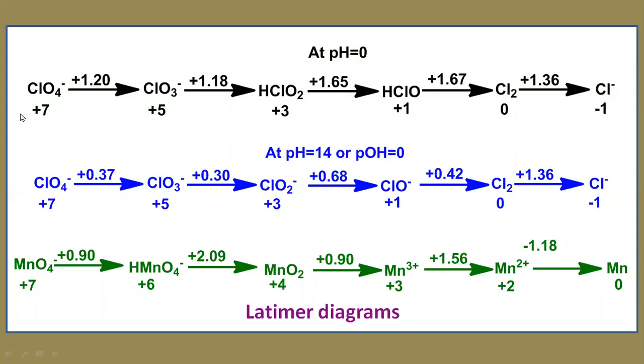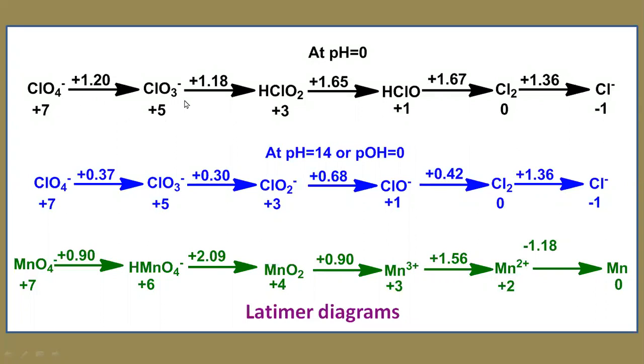Now, how I have represented it: the highest oxidation state species should be on the left hand side, and then gradually you write down the lowest, minus 1, and the corresponding redox potential, or reduction potential, I have to write on the arrow joining the two species.